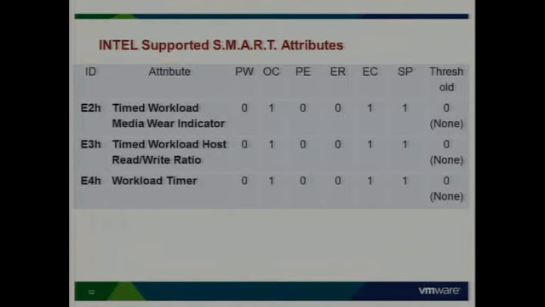For SMART attributes, what we use is the media wearout indicator. We collected data before and after, using Intel tools, and we recomposed our pool multiple times. It's almost like torture to the local disks.